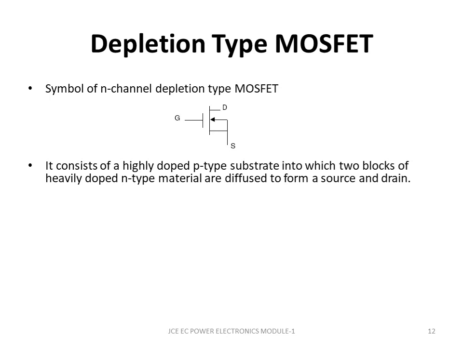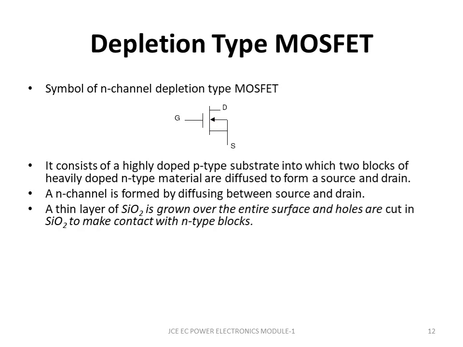So there is a P substrate here, right? What they are going to do is diffuse N-type material for drain and source and get the terminals out. An N channel will be formed by diffusing the source and drain, a physical channel.